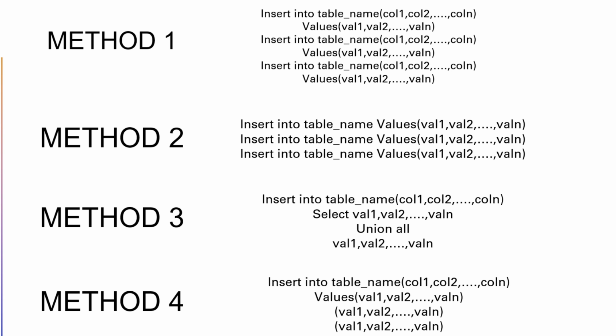the syntax will be, you need to give the column name at the top and values in that, and then you should go for values, the first row, second row, and third row. The catch here is you have to give the values inside the parentheses.